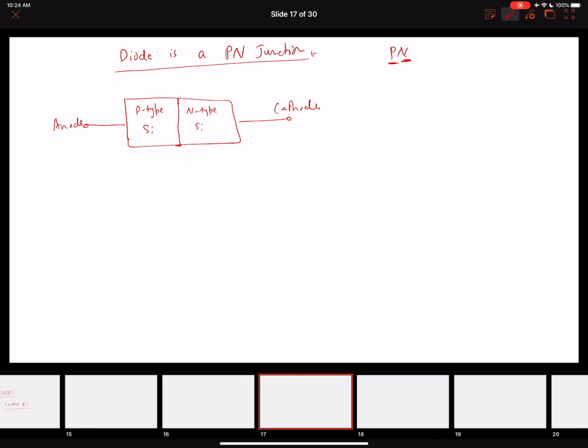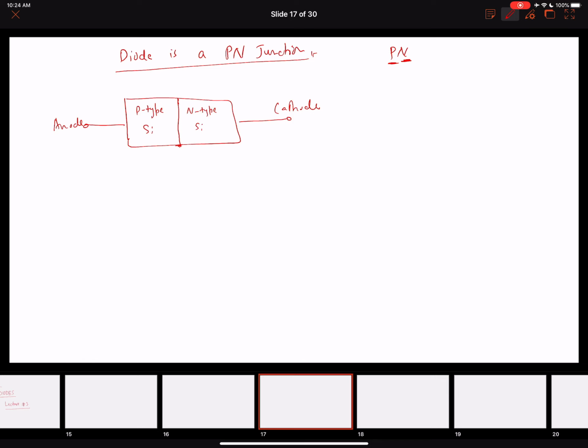So this makes a junction which is known as a PN junction, and this is essentially what a diode is. We will realize that when we make transistors, they also have P and N type materials in different configurations. So this is very important to understand.